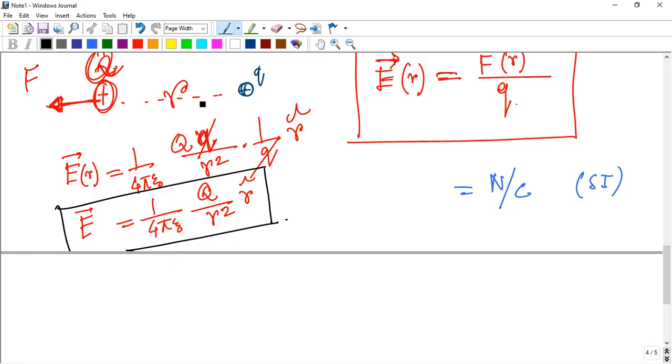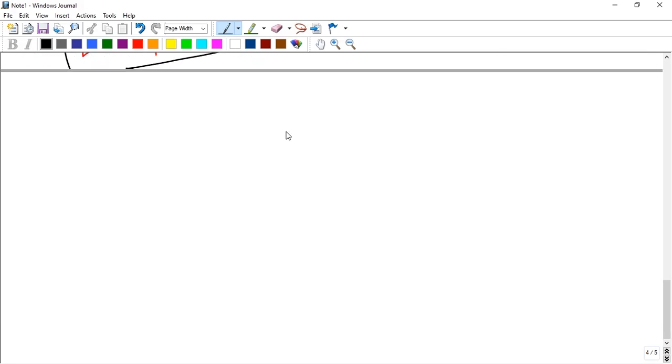Now another important point is electric field lines. So what are electric field lines?